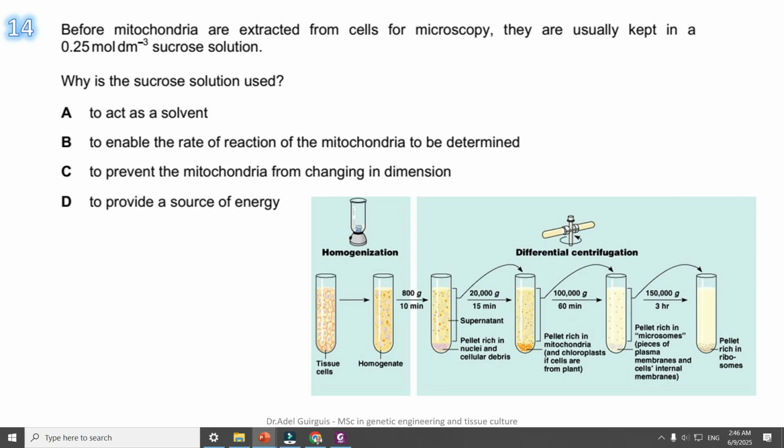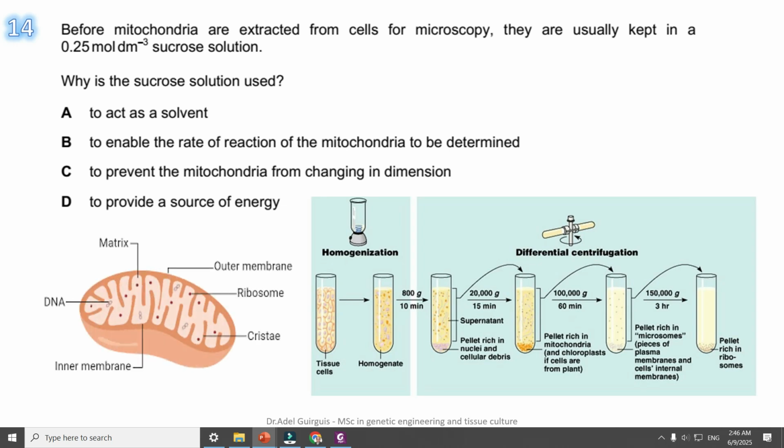This sucrose solution, firstly, acts as a solvent. We can use any other solvents. Why a specific concentration of sucrose? Of course, the answer is C, to prevent the mitochondria from changing in dimension, where the mitochondria itself contains a matrix inside with chemicals, with enzymes, with compounds.